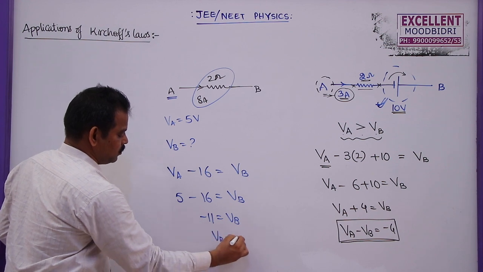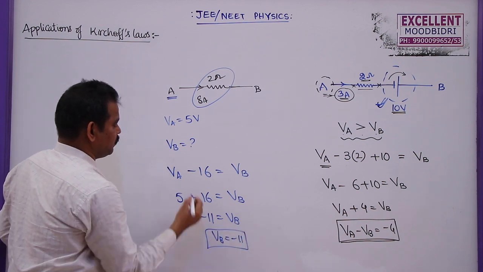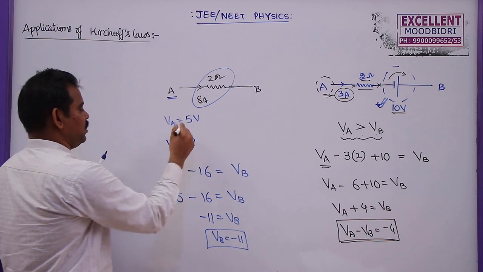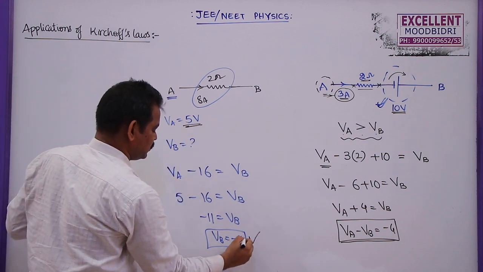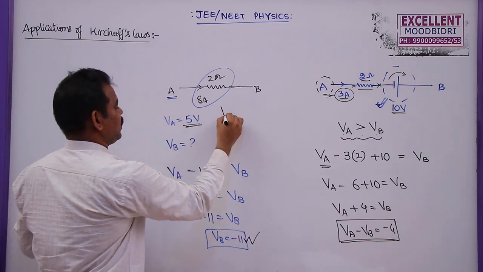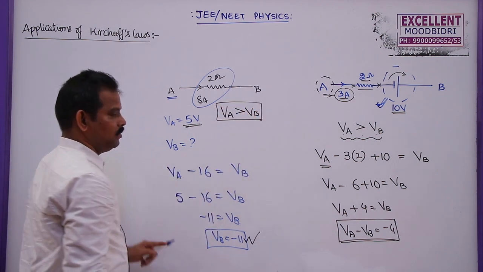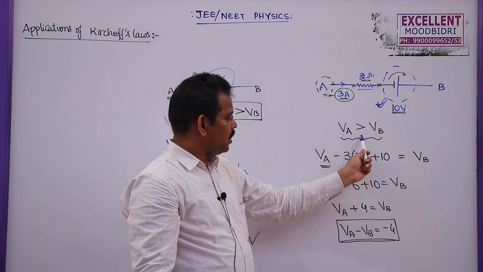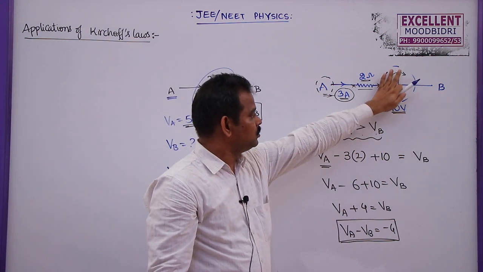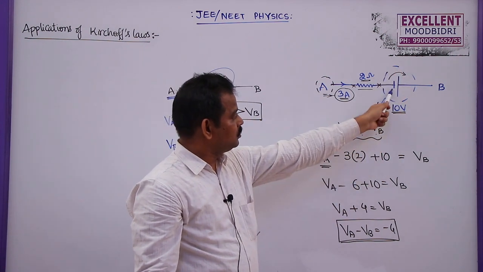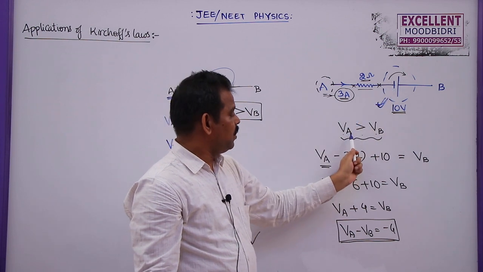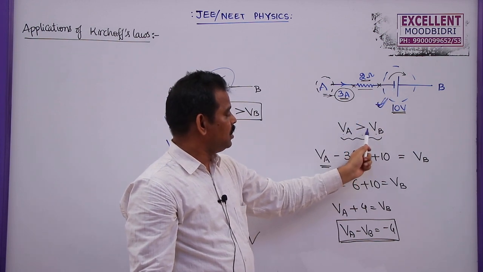So potential at B is minus 11. So from this, if VA is 5 volts, VB is minus 11 volts. So here we can write VA greater than VB. Here also we can write VA greater than VB if the source is absent. If any source is added, then VA may be less than VB, or VA equal to VB.